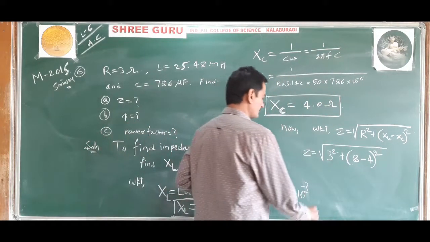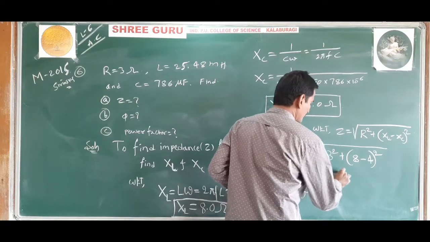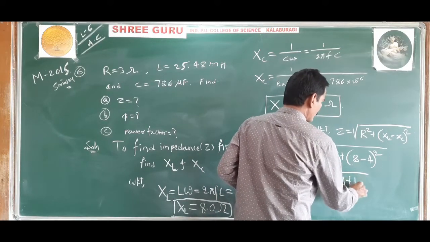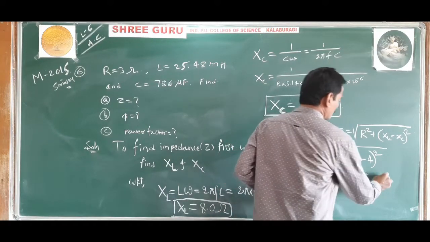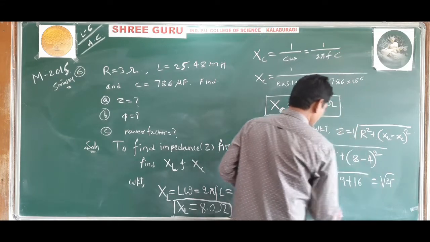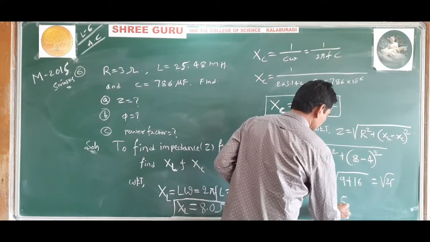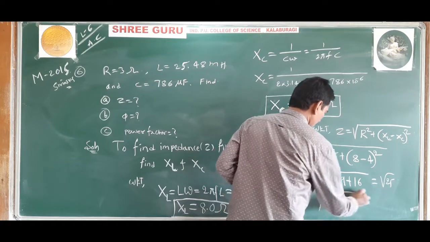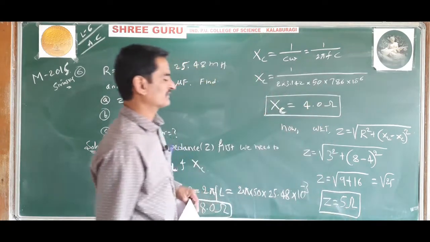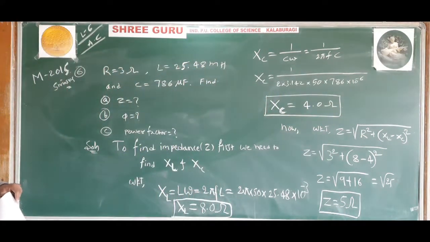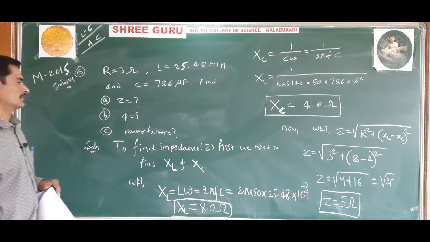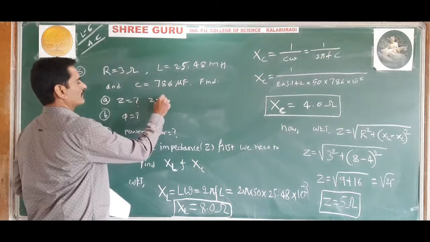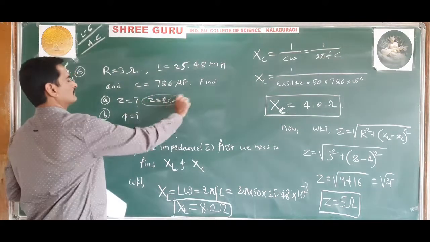So 3 square plus 4 square. 3 square is 9 and 4 square is 16, 25. So root 25, you get Z is equal to 5 ohm. So this is the answer for A. That is impedance. Z is got.